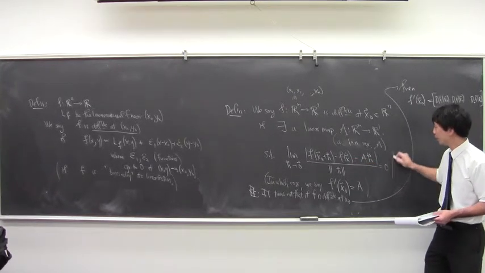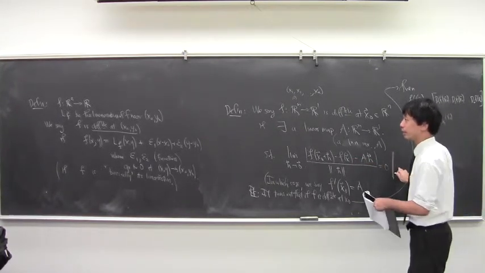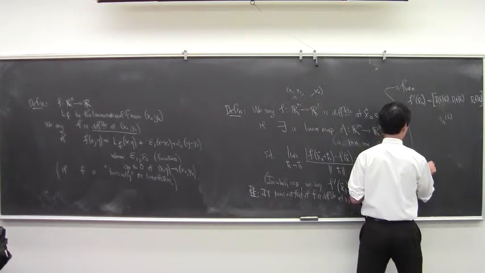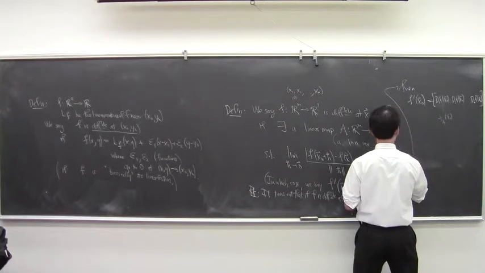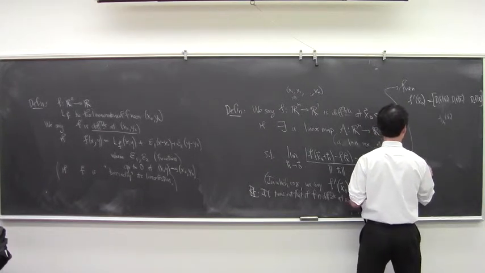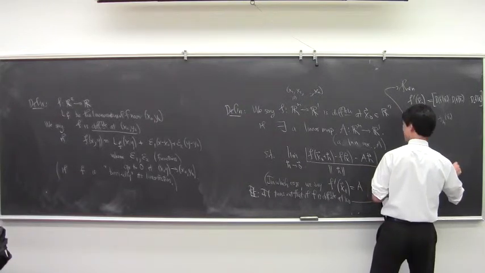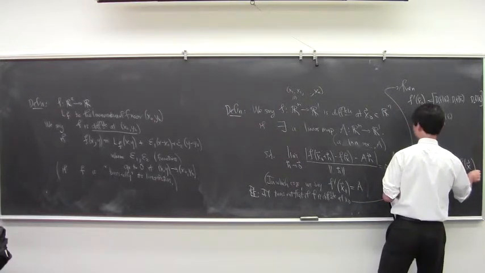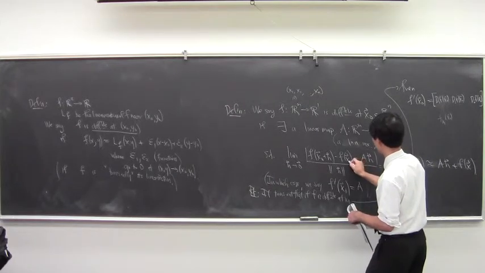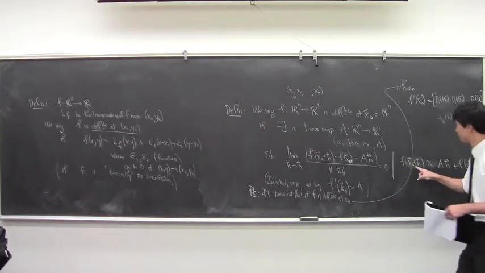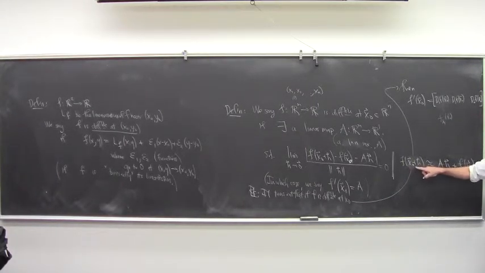If you translate, this also says that f of x naught plus h is basically the linearization plus the value at x naught. So your function nearby x naught is basically this linearization.